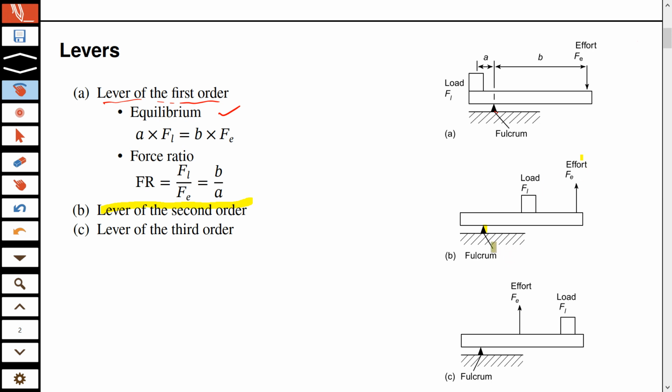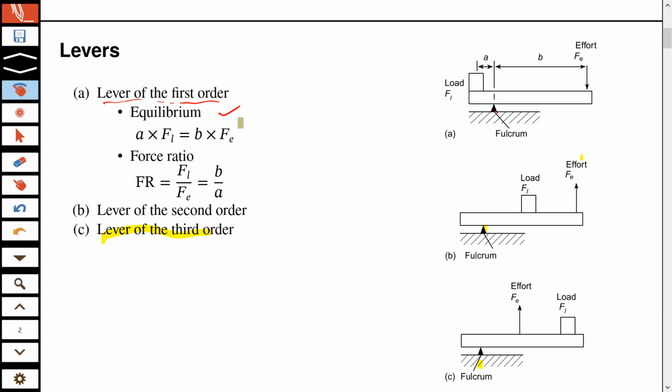Now, what is special about B in comparison to C is that the load is between the fulcrum and the effort. Yeah, so load is in between. And in the lever of the third order, the effort is between the fulcrum and the load.